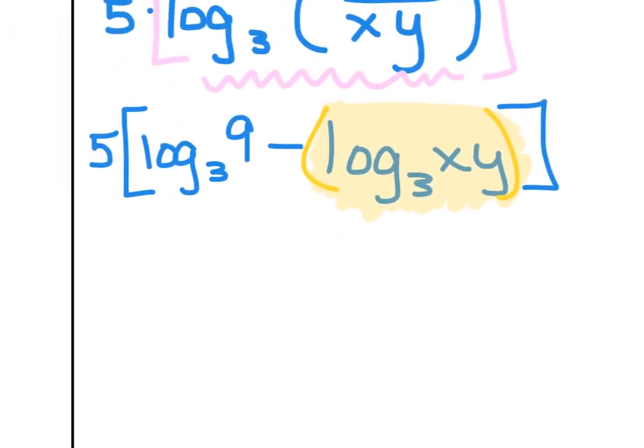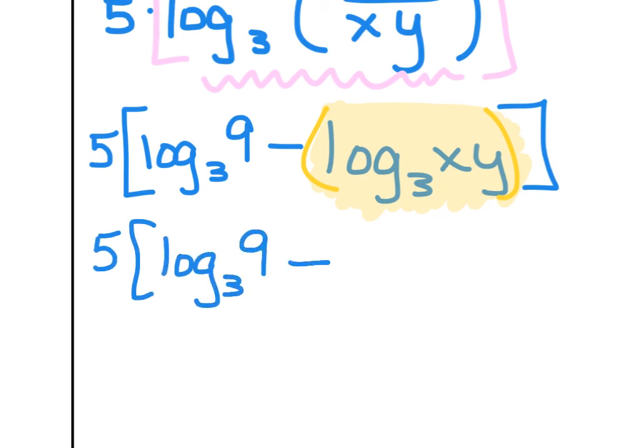Here's what I mean by that. Keep the 5, keep the bracket. Yes, we're going to simplify log base 3 of 9. If you see it, go ahead and do that now. Minus. But then I'm going to do this thing in yellow. So minus parentheses log base 3 of x plus log base 3 of y.